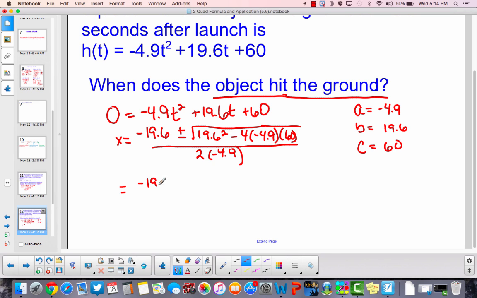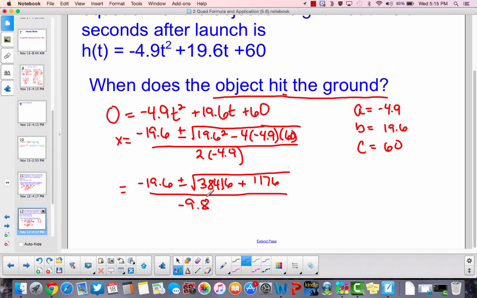So I get negative 19.6 plus or minus the square root, 19.6 squared is 384.16. I have a minus and a minus, so it's going to be plus 4 times 60 times 4.9, which ends up being 1,176, over 2 times negative 4.9, which is a negative 9.8.